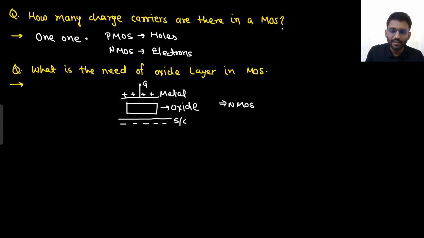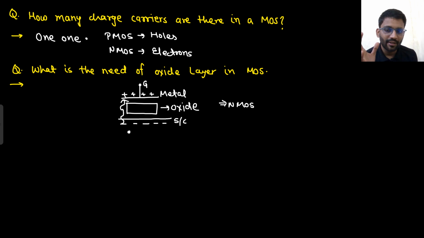Now what if this oxide layer was not there? If this oxide layer was not there, what would have happened? These negative charges would have reached this metal plate and would have neutralized it. If the negative charge were reaching this metal plate, then there is no chance that there will be an inversion layer here.